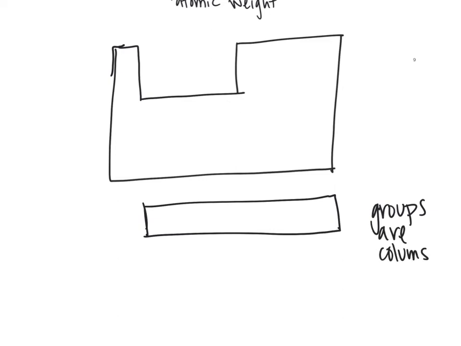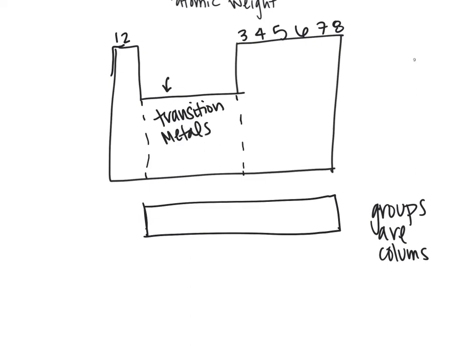And so we label them 1, 2, 3, 4, 5, 6, 7, 8 as we go across. These down here are not numbered. They are actually something else. So these are what we're going to call the transition metals. And so over here we have the alkali metals and the alkali earth metals.